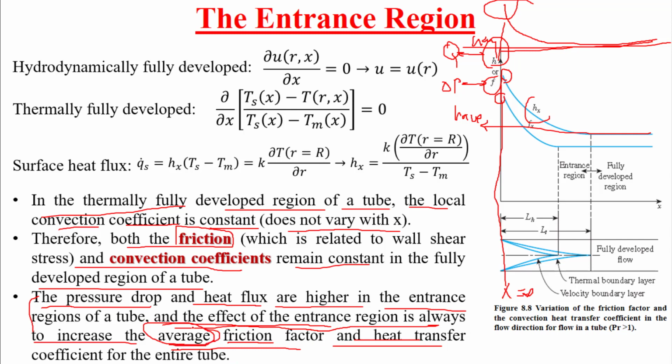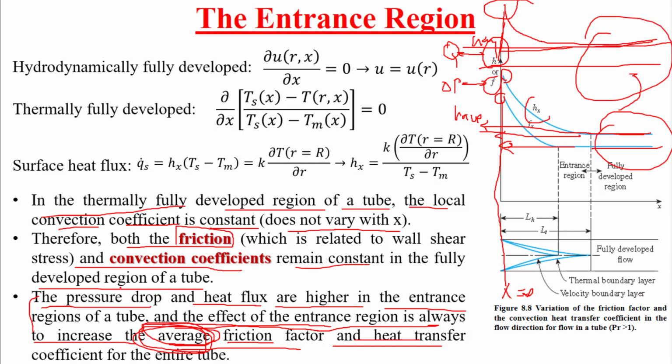But which value? The average one, when it becomes constant. So instead of having a constant value at this magnitude, if we have a stronger effect from the entrance, those magnitudes will be shifted upward to have higher values for both.